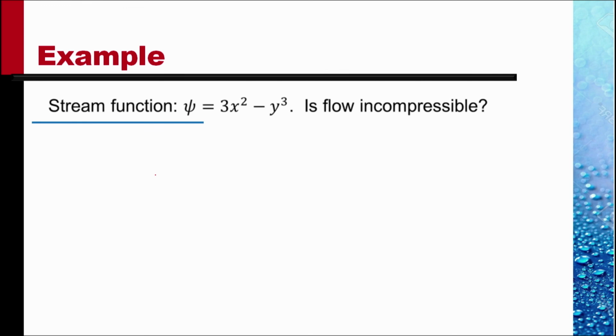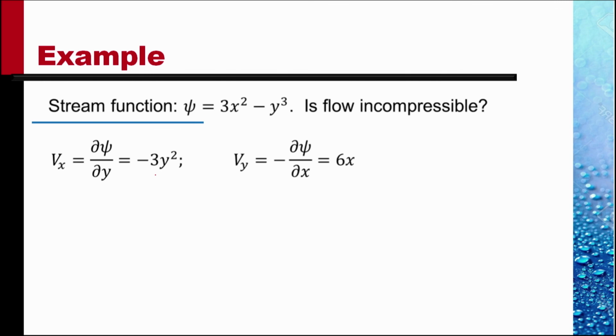Once we know Vx and Vy, we can test with the continuity equation whether they satisfy it or not. Vx is equal to del psi by del y, and here it would be minus 3y square, and Vy is equal to minus del psi by del x, and this would be 6x.